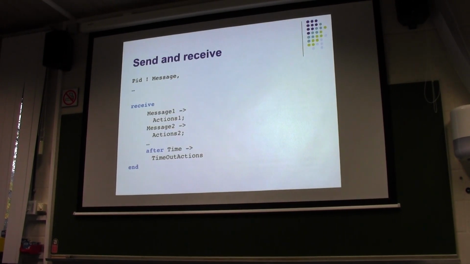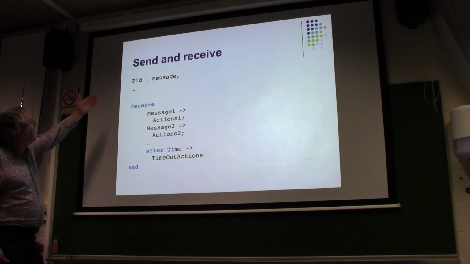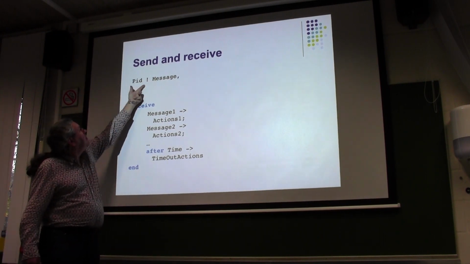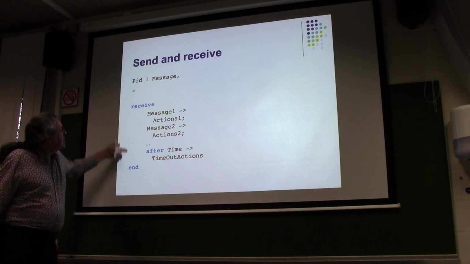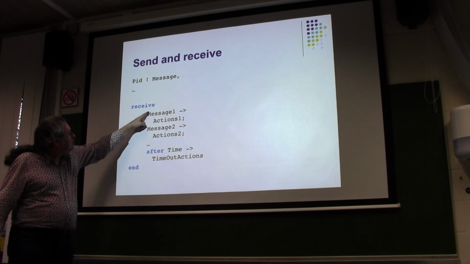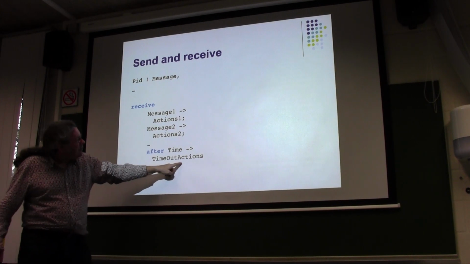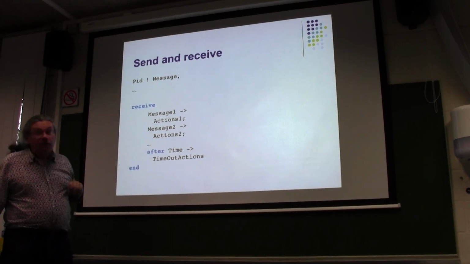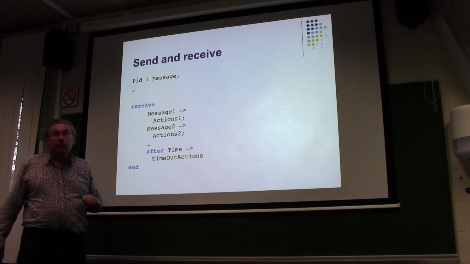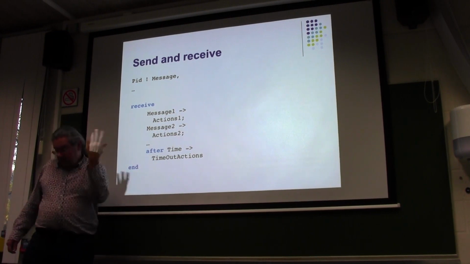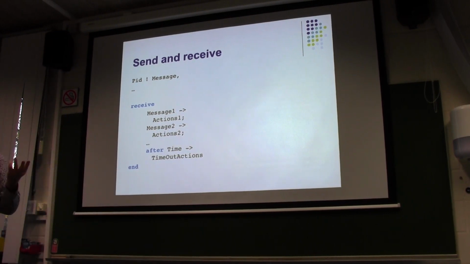Basically, it's like this: send, PID, you send a message, and receive, you receive here, and you have patterns and some actions. And you can also add a timeout. The receive can also say after 50 milliseconds, if there are no messages, do something. So that's basically how the send and the receive are written.